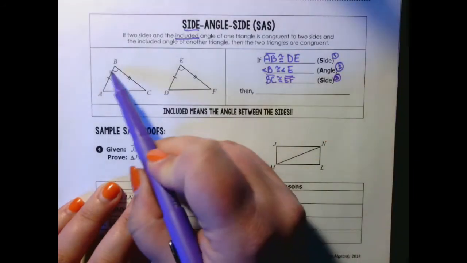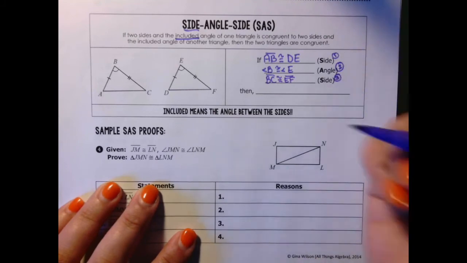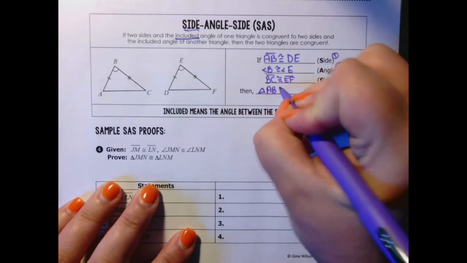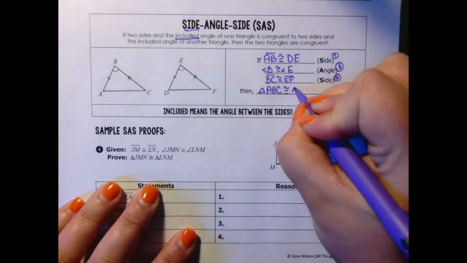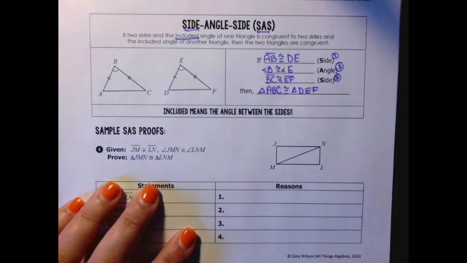And that angle is in between the two sides, so it's included. And we have our side, angle, side. We can then say that these two triangles are going to be congruent. So triangle ABC is congruent to triangle DEF because of SAS.